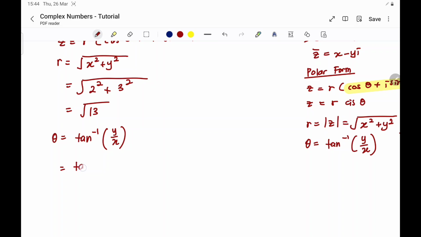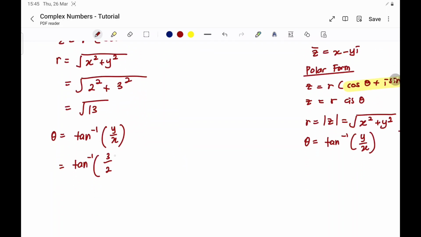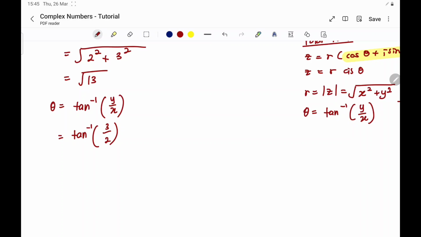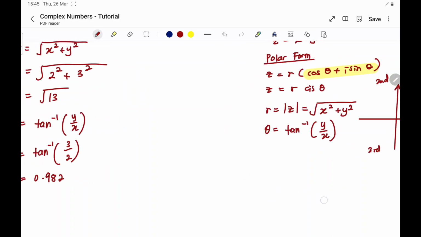So inverse tangent, y is 3, divided by x, which is 2. So inverse tangent of 3/2, the answer in radian is 0.982.